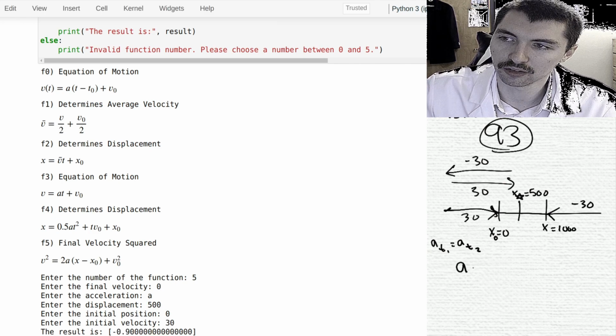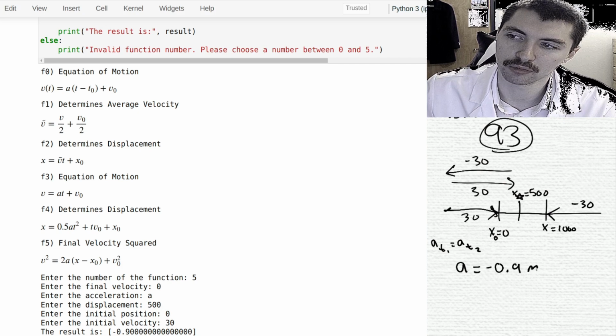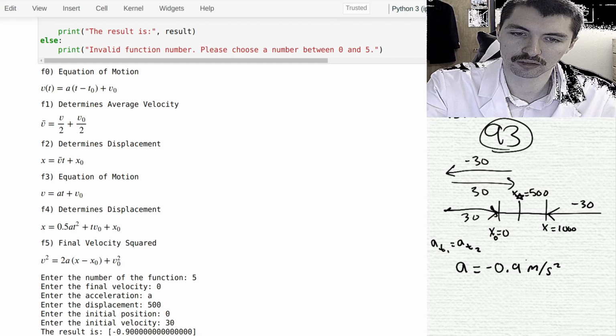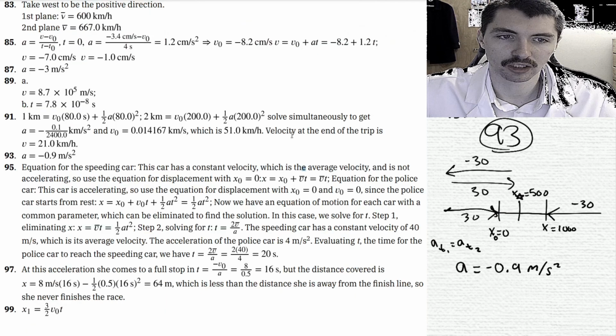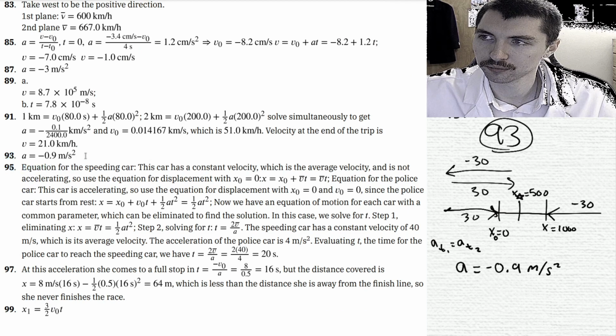So we need them to decelerate 0.9 meters per second squared. Let me check the units. Okay, so let's check. And the book gets this answer as well.